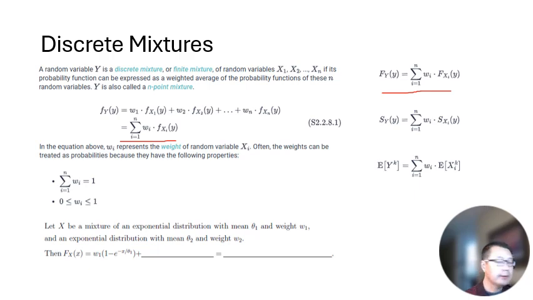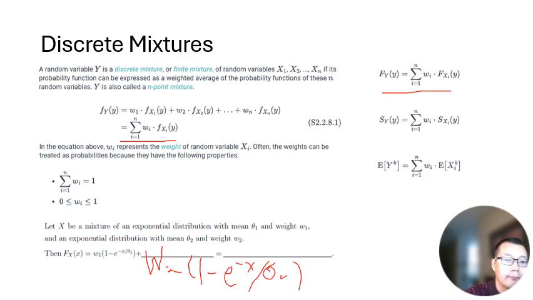Okay, now we can answer this question. F_X is equal to w1 times 1 minus e to the negative x over theta 1, plus similarly w2 times 1 minus e to the negative x over theta 2.